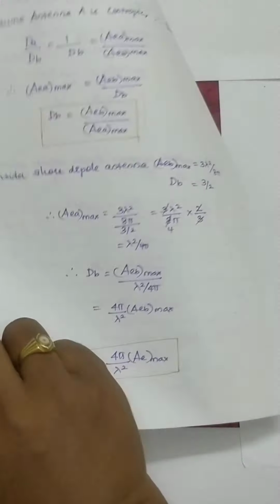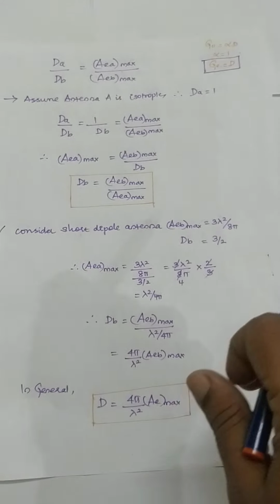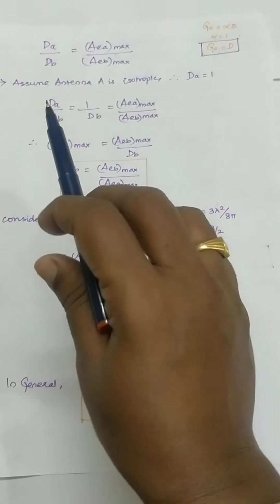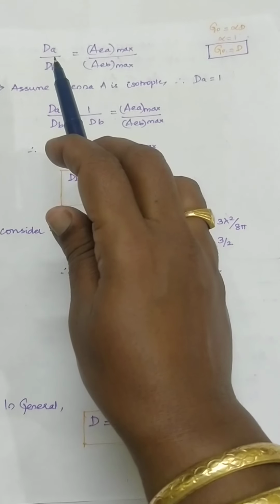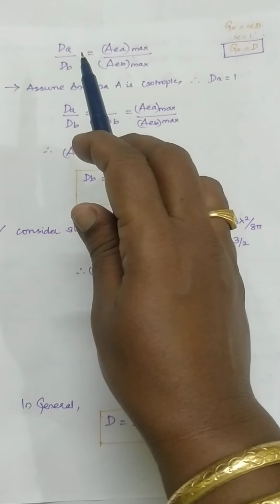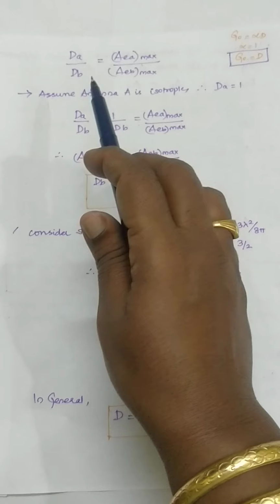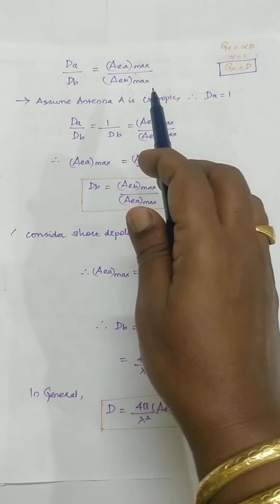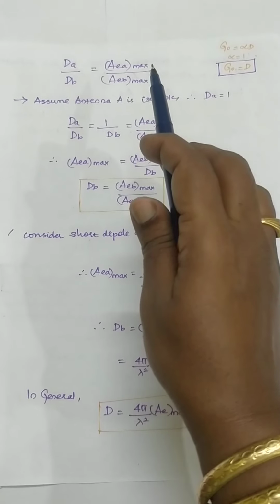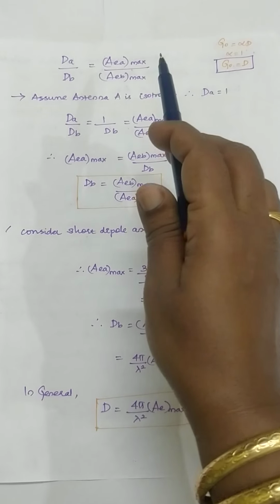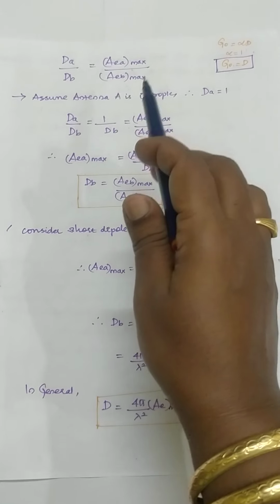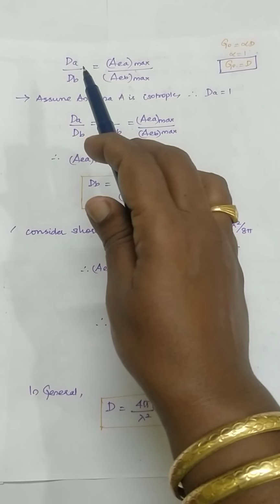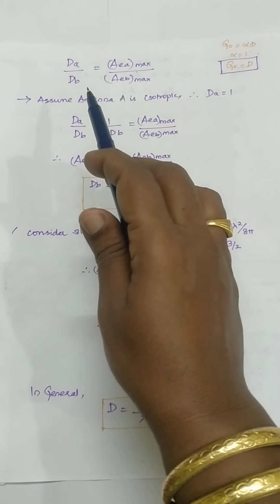We are not going into the depth of how it proceeds. By definition of directivity, we know that dA by dB is equal to AE A max divided by AE B max, which means that the ratio of maximum effective apertures of antenna A and B is equal to the ratio of directivities of antenna A and B.